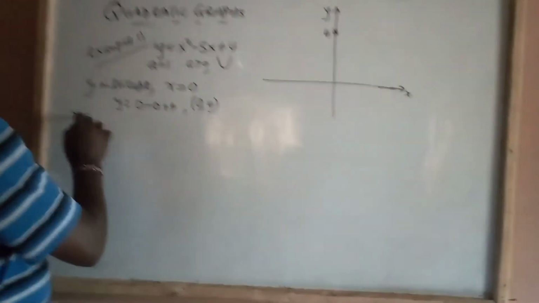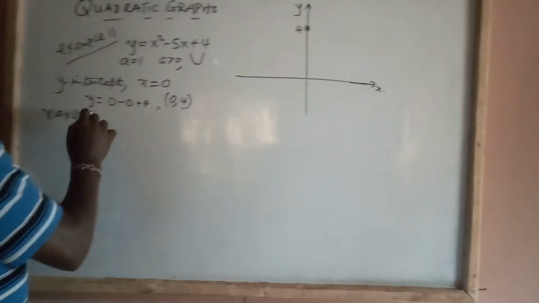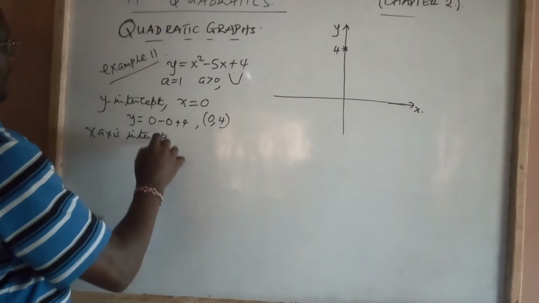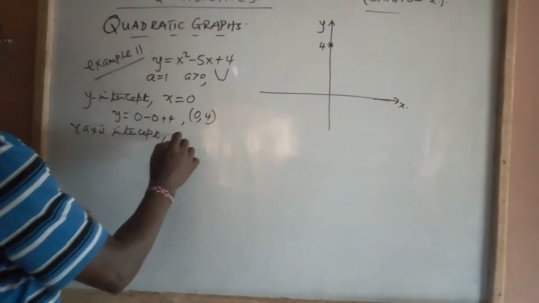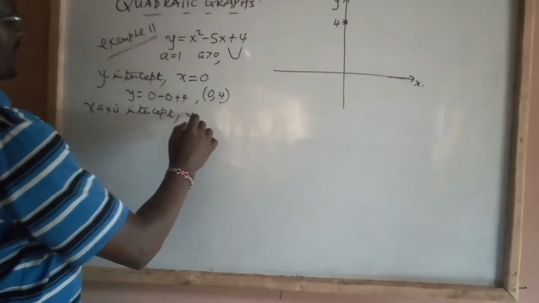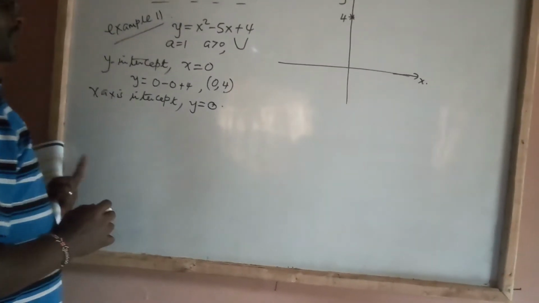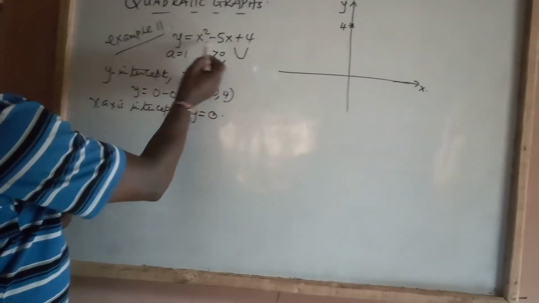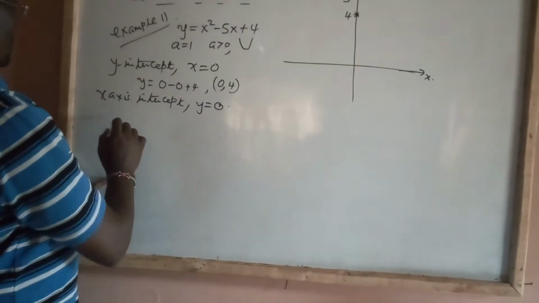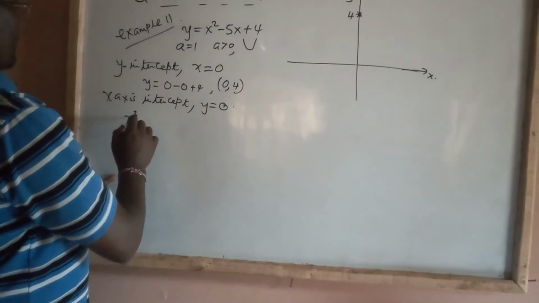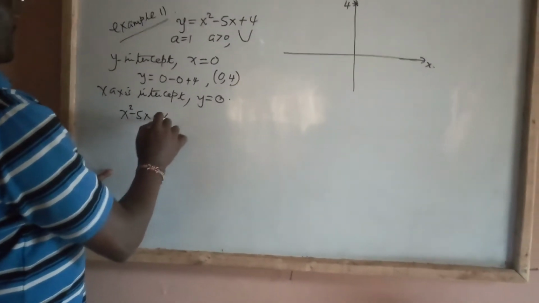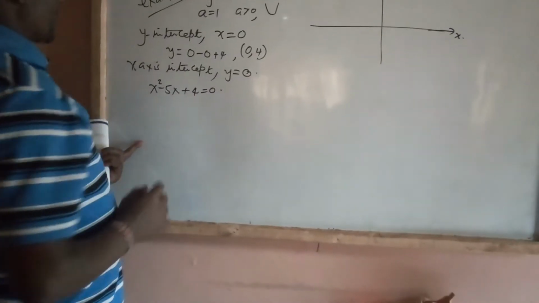The x-axis intercept happens when y is equals to 0, and that is when the whole of this function is equals to 0. So x squared minus 5x plus 4 is itself 0.